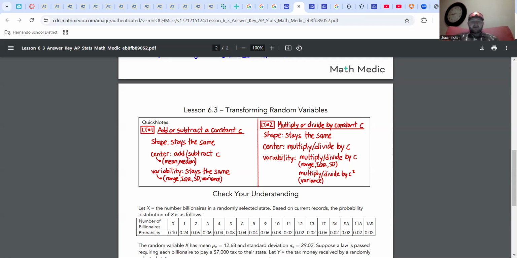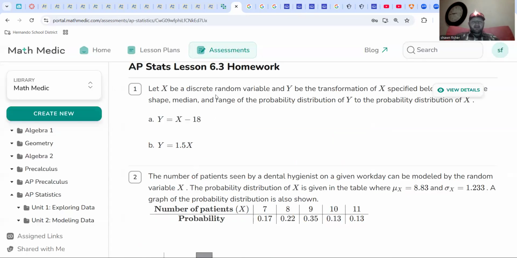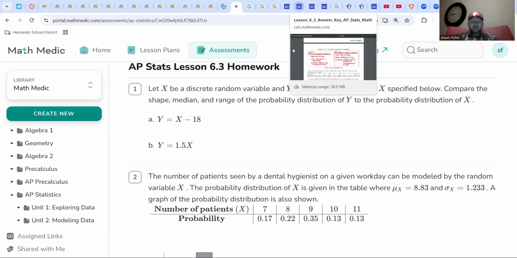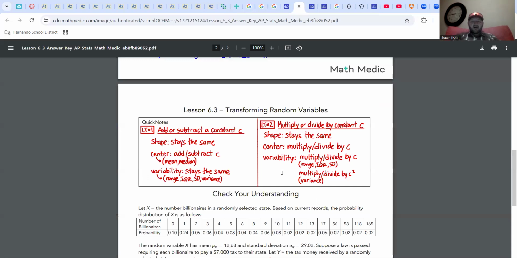And then the variability, which I think they said is the range here. The range is the same thing, 1.5 times whatever X is. It's going to be an increase. The range will get affected by this, and that's all over our notes right here.